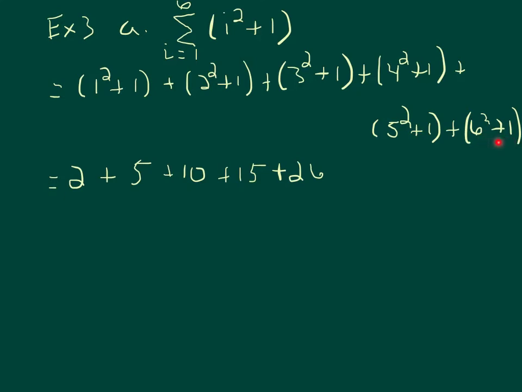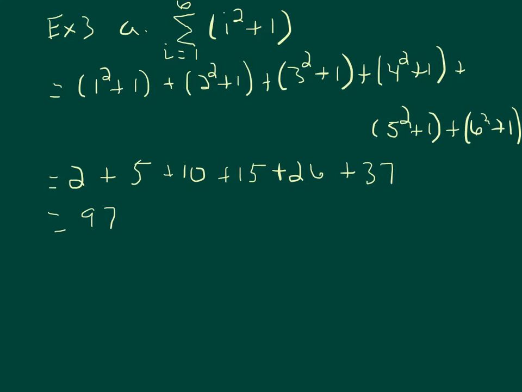And the last one, 6 squared is 36 plus 1 is 37. If we add them all up, you're going to get 97. And that's example 3A.